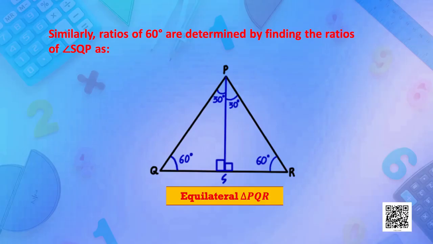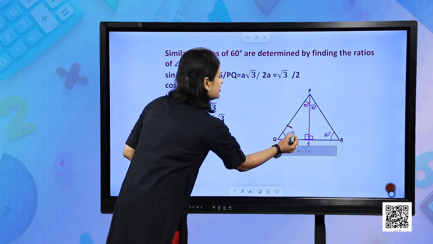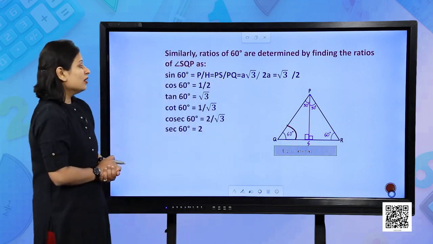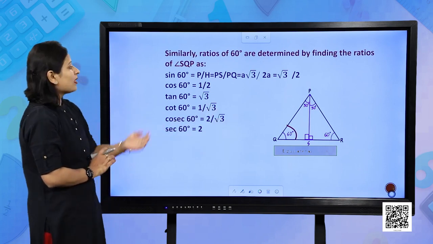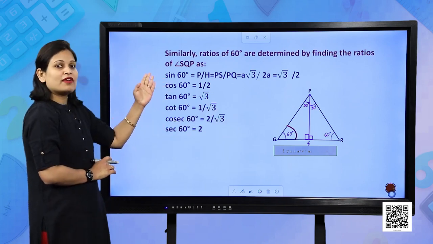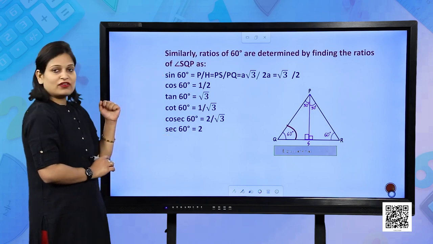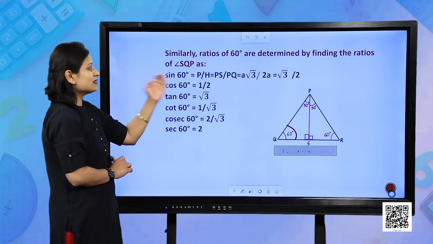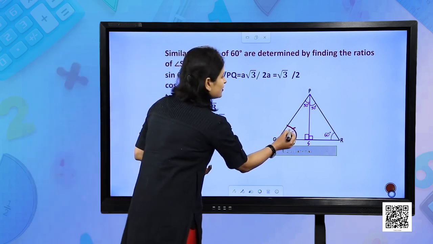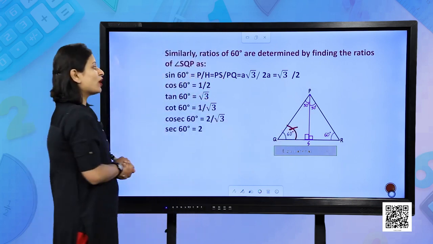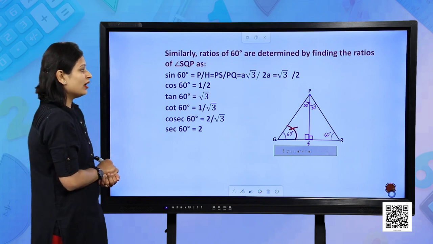Similarly, ratios of 60 degree are determined by finding the ratios of angle SQP. Now, SQP is 60 degree. Since we have just calculated the value of PS, we can find out the value of trigonometric functions. Sine 60 degree is perpendicular upon hypotenuse. Now, we are considering this angle. So, what will be the perpendicular over here?